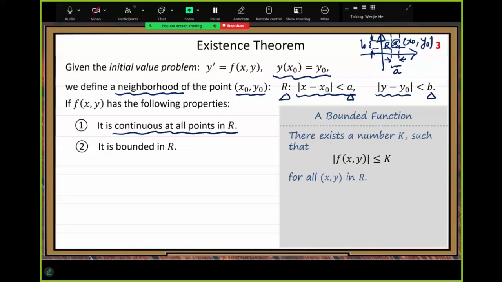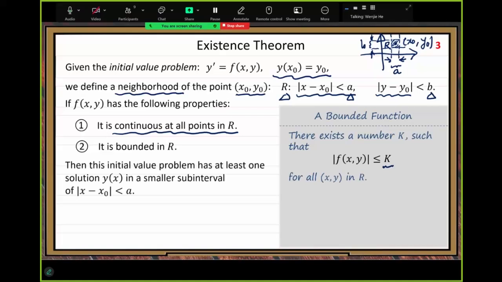Here there is a certain positive constant K. So under these two conditions, number one and number two, then the conclusion.